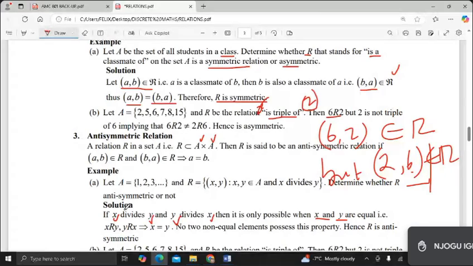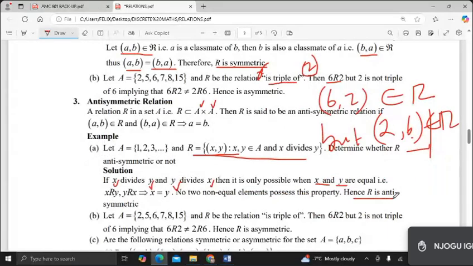It is only possible when X and Y are equal, because that is when any two real numbers can divide each other. It can only be the case if they are equal.